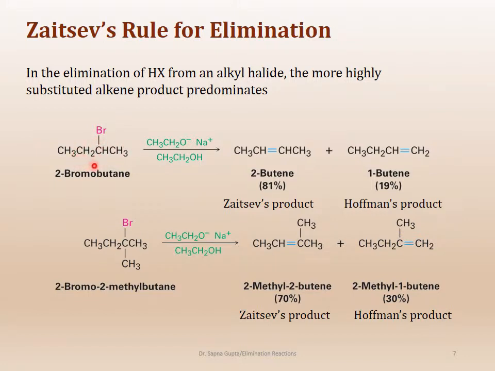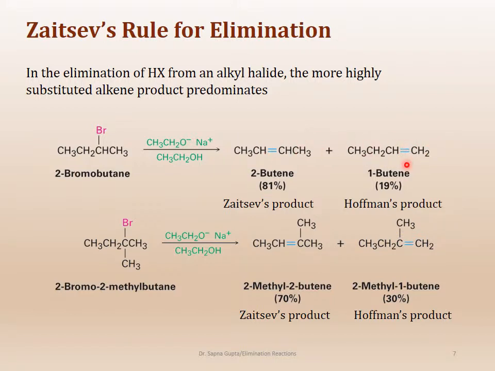And these are both beta carbons, so they're both valid, okay, to come out. So here, if you have a base come in and do the elimination, in one of the products you will have elimination from the internal carbon, and in the other case, the elimination will be from the methyl group, or the terminal carbon. And so you end up getting two different kinds of products.